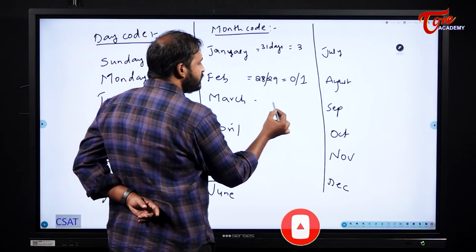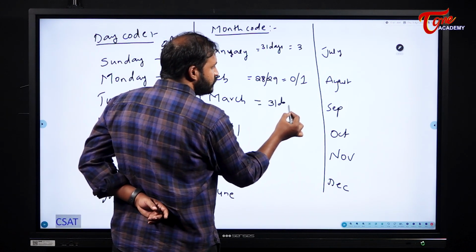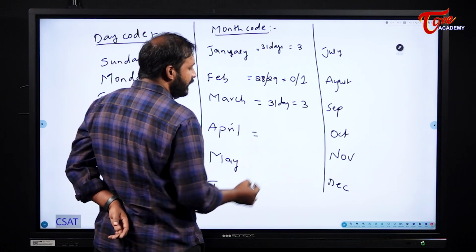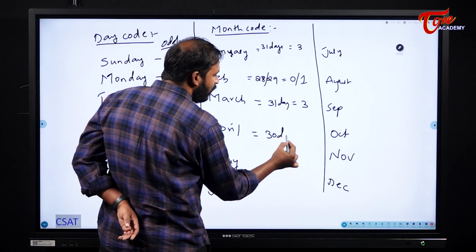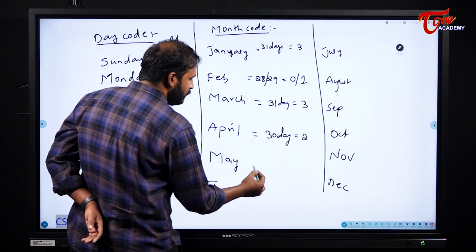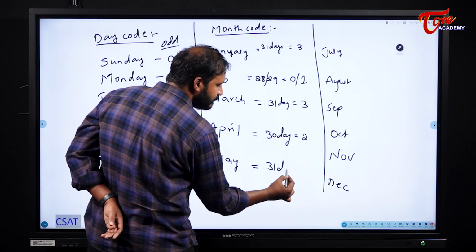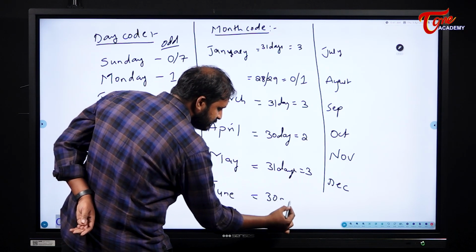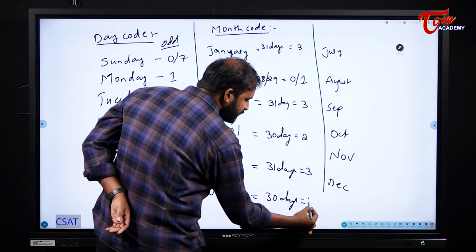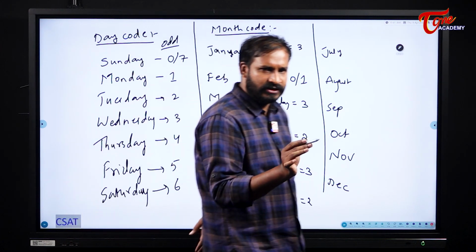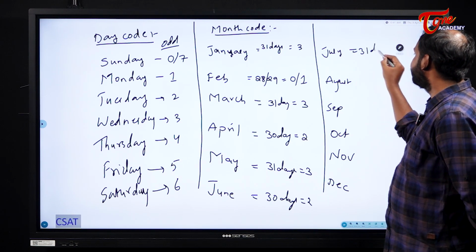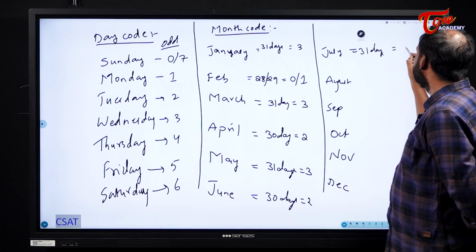When it comes to March, it has 31 days, so odd days will be 3. April has 30 days and the odd days are 2. May 31 days, odd days are 3. June 30 days, odd days 2. Odd days are nothing but the month code, students, nothing more than that. July 31 days, 3 odd days.